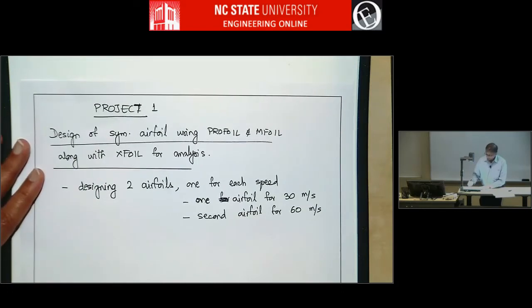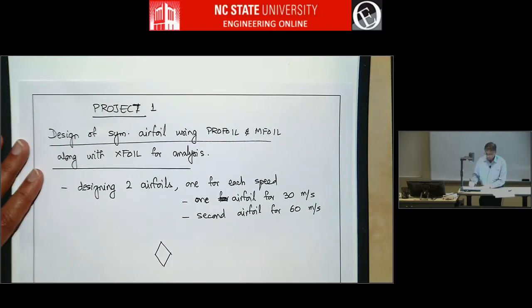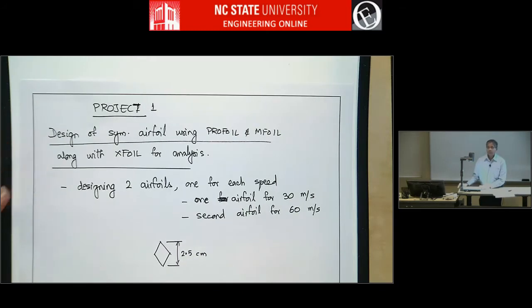And your problem is very similar to homework 3 in some ways. You have to design a symmetric airfoil to go around this fairing or around this antenna, and this height is 2.5 centimeters. And that's all that is given, right?